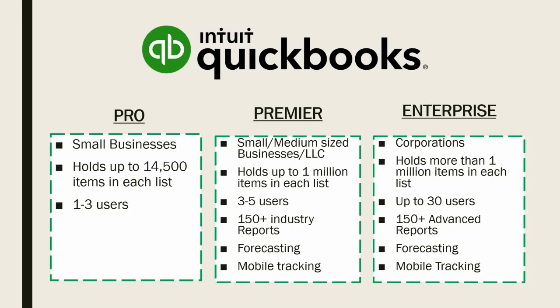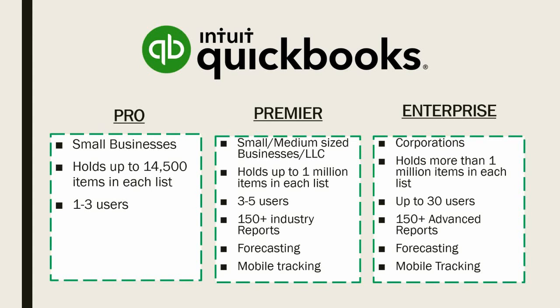Now, when we talk about Premier, Premier is primarily geared towards small to medium-sized companies, or LLCs, or even limited liability partners, right? So anything that's a little bit bigger than a small startup company. You can have anywhere from 14,500 up to 1 million people or items on each list.